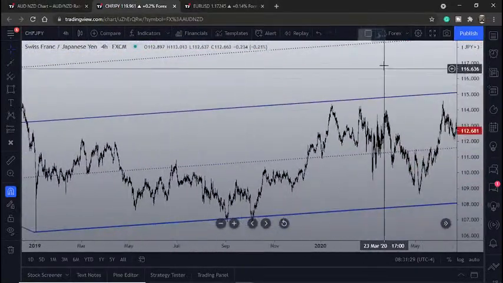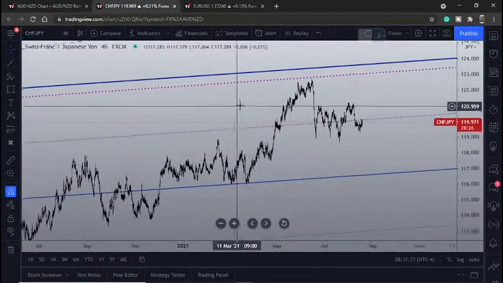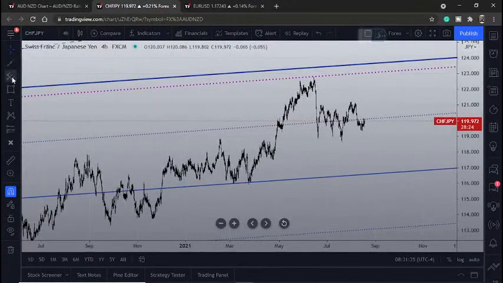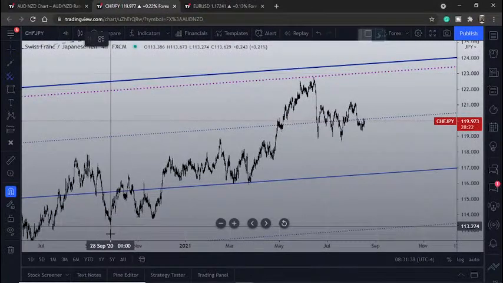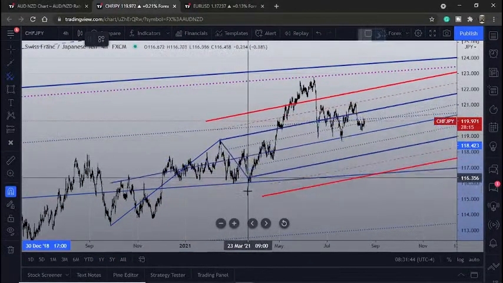So then when you do perform your 4 hour analysis, let's say you draw a pitchfork here, I would then, for example, color that green.